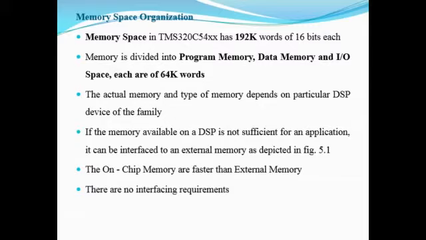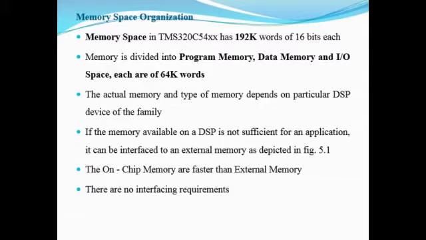So this is the memory space organization required for the TMS320 processor, which can support 192 kilowords of memory space. Considering these three parameters, program memory, data memory, and IO space, each of 64 kilowords, they can be used for interfacing with the DSP.